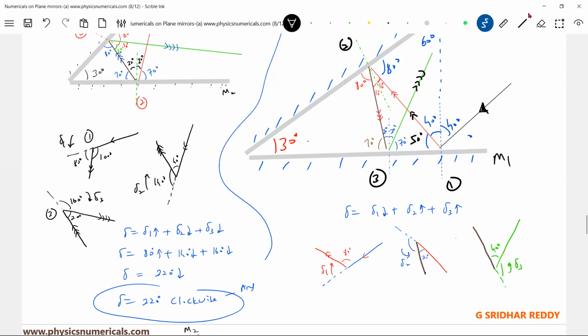So the net deviation will be: delta 1 equal to 100. Delta 2 equal to 140. Delta 3 should be equal to, sorry, 160. Delta 3 should be equal to 140. 200 degrees clockwise or 200 degrees counterclockwise.